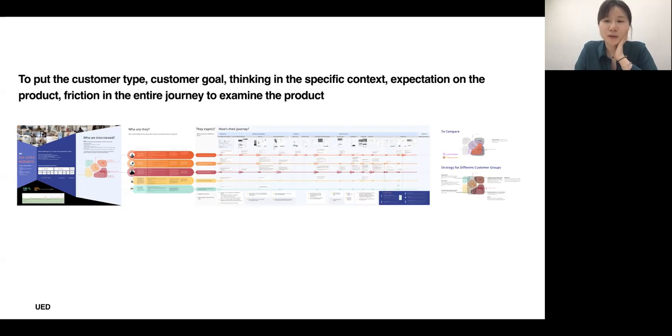And while they're using it, what they've been looking at, the different types would have different frictions and different expectations in this product. So by putting all of this in a specific context, we're able to make the balance even again, and then potentially put more weight on the left side.